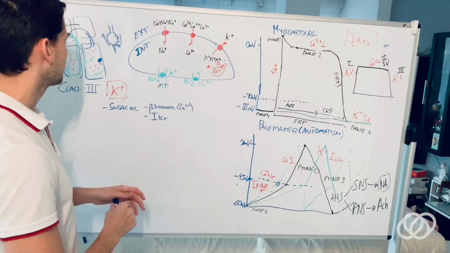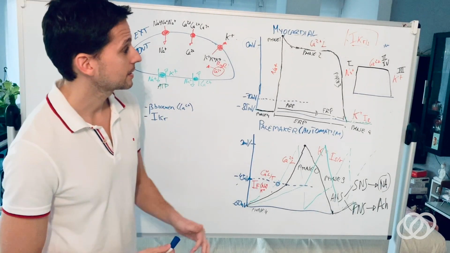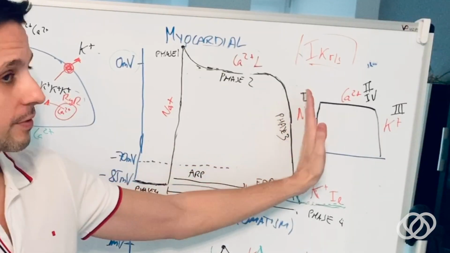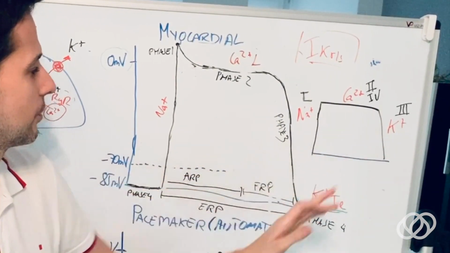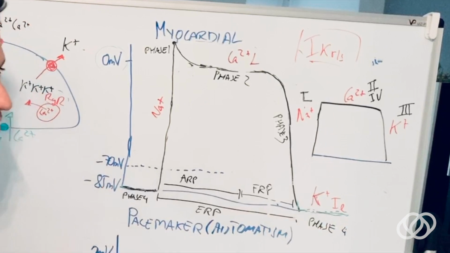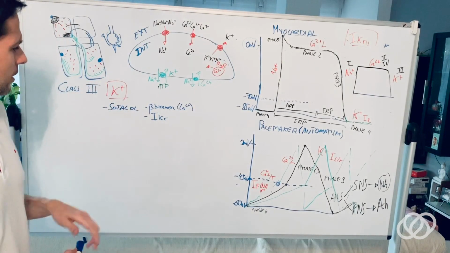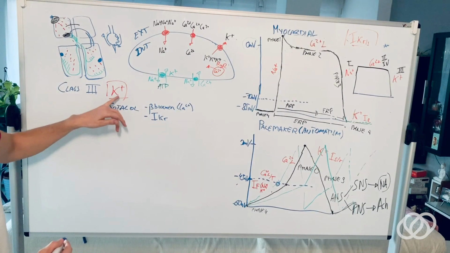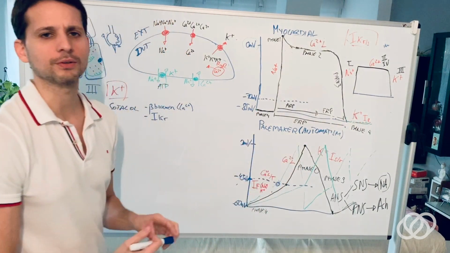So the way that the class 3 drugs are going to try to avoid the arrhythmias is by increasing the refractory period, acting in this part of the trapezoid, and in that way avoiding the arrhythmias. So here what sotalol does is that it blocks this IKr and it increases the refractory period.